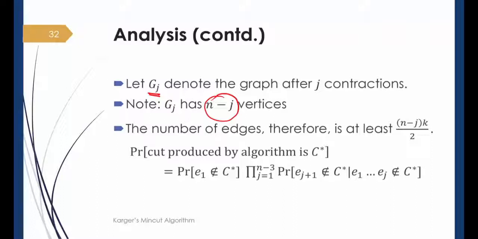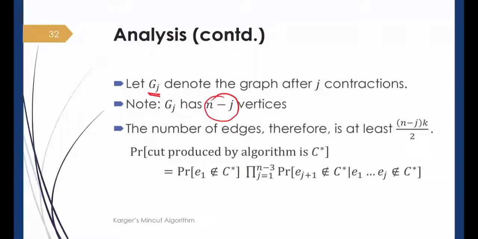G0 will have all the n vertices, G1 after one contraction will have just n minus 1 vertices, and so on. And for the number of edges, you have to recall two things. Gj has n minus j vertices, and it has minimum degree at least k.